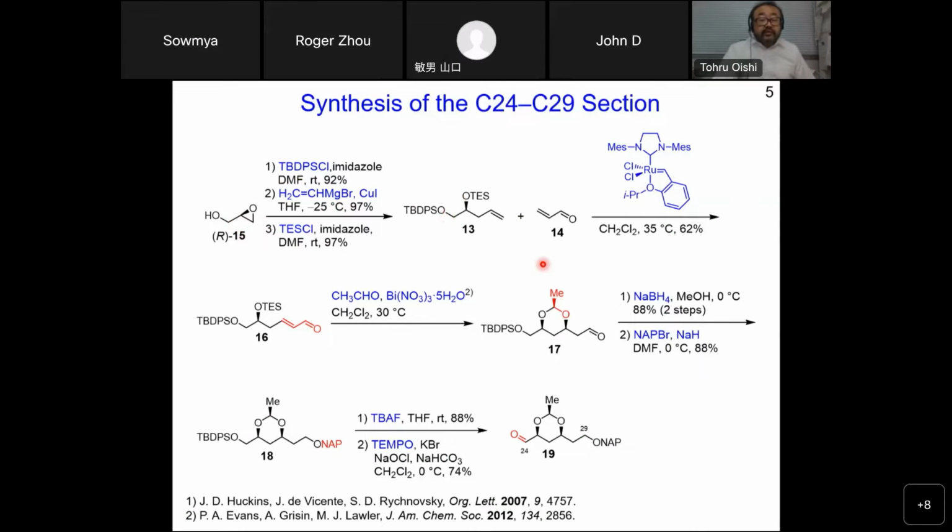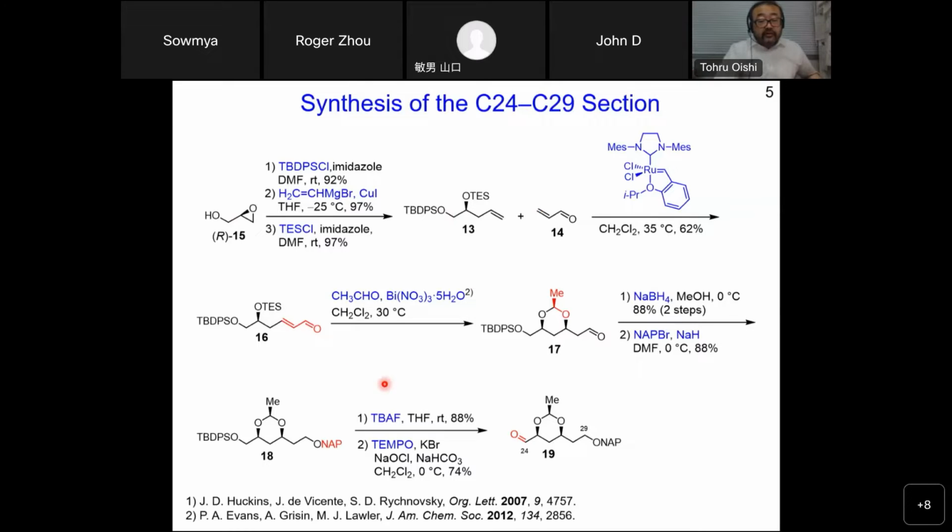Then the cross-metathesis reaction with acrolein and this terminal olefin efficiently proceeded by the action of Grubbs' catalyst to give an alpha-beta unsaturated aldehyde.